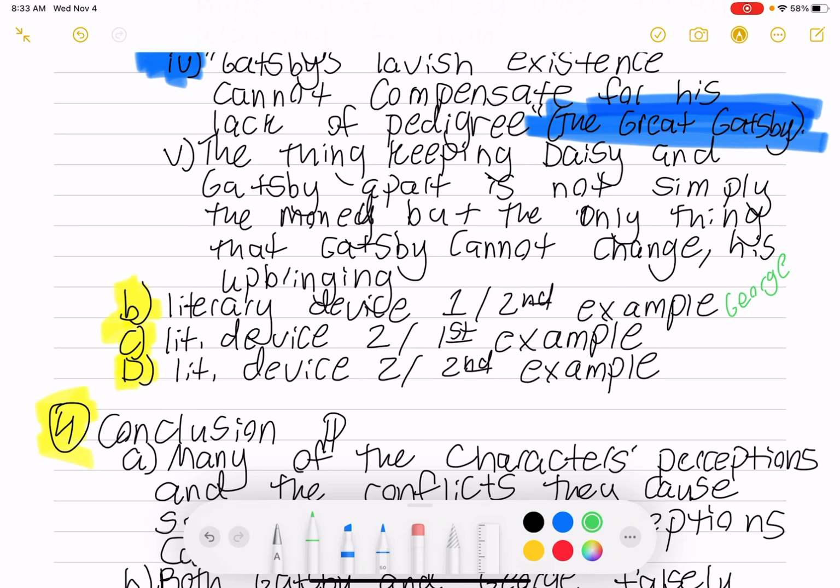So I might have Myrtle's death. And I might have the murder-suicide at the end. And I would do the same thing as before. Give an example from the book and then pull evidence to support that from your article.